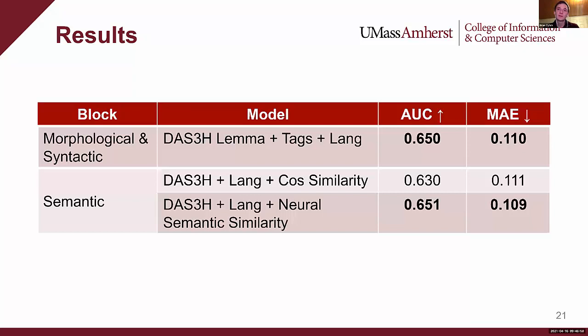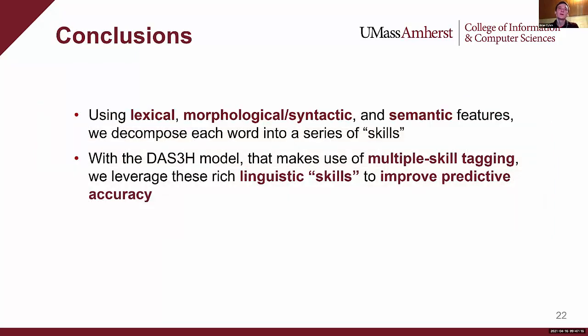So we see that the cosine similarity approach actually decreases performance, but the neural semantic similarity function results in our best model, with a 21% improvement over the state of the art. In conclusion, using lexical, morphological, syntactic, and semantic features, we decompose each word into a series of skills.